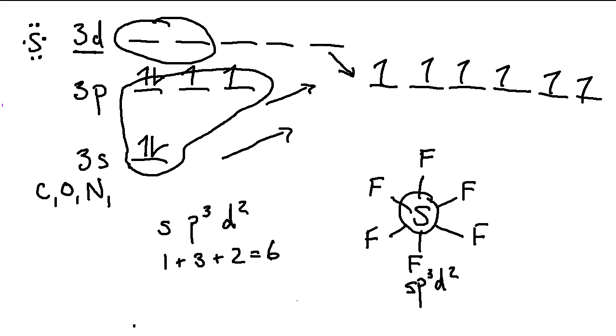So anytime you see these bonds, for instance, another example here would be H2SO4. And the structure of H2SO4 looks like this, right? Well, if I take a look here, I've got a sigma bond, a sigma bond, a sigma bond, a sigma bond, and then I have 2 pi bonds on top of that, right?